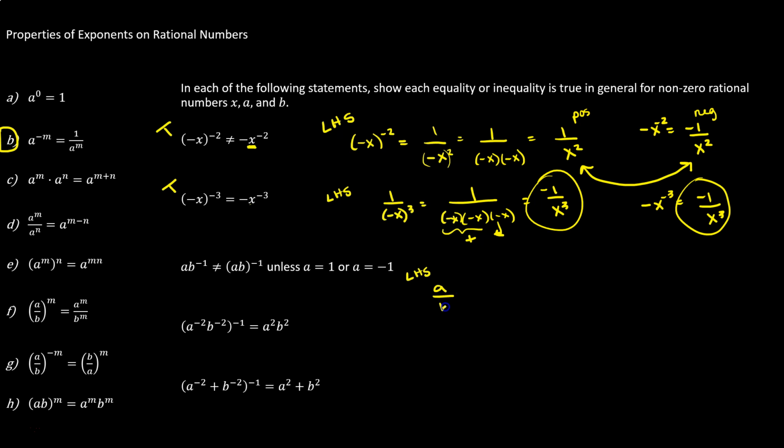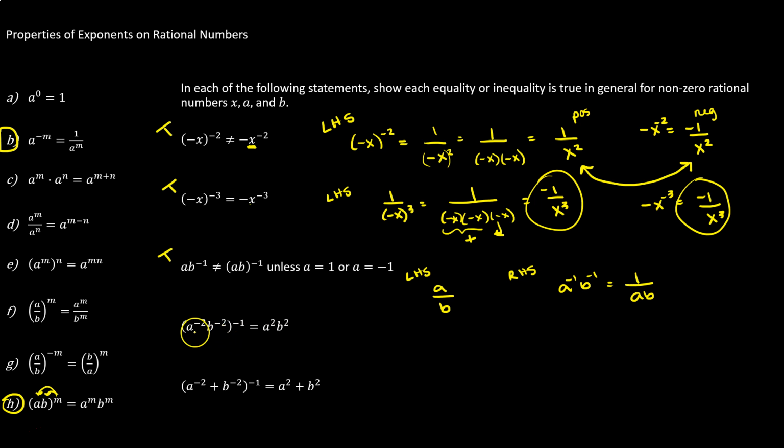So we would write that as A over B. However, on the right-hand side, we do need to use the rule H. That says if the exponent is inside of parentheses, it gets distributed to each factor. So the right-hand side would look like A to the negative 1, B to the negative 1, or 1 over AB. And those two things are not equal. So this is true, they're not equal.